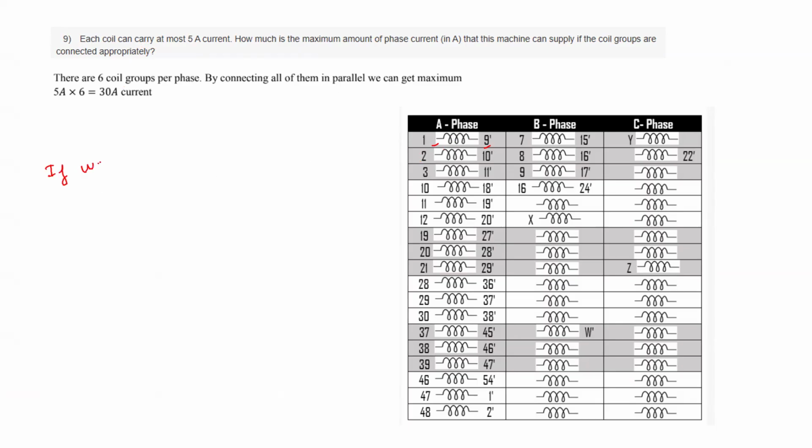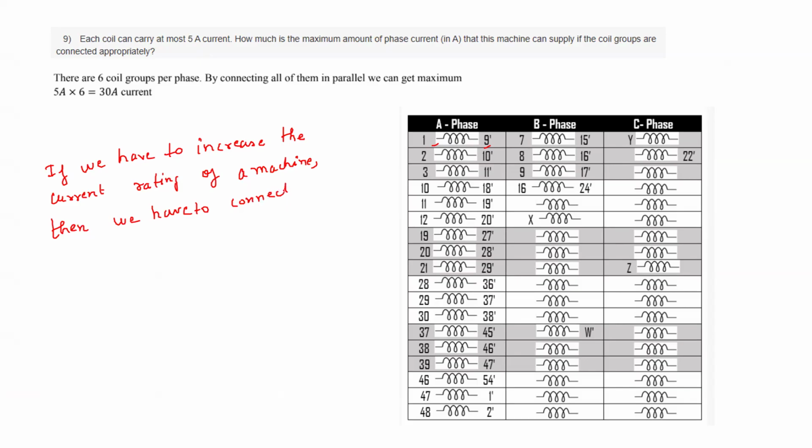So we know that if we have to increase the current rating of a machine, then we have to connect the coils in parallel.